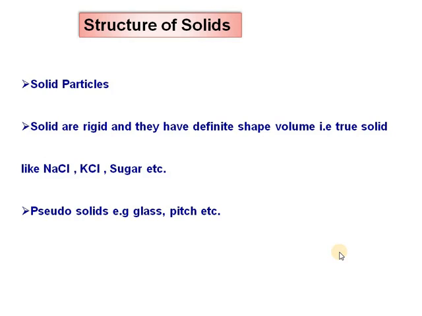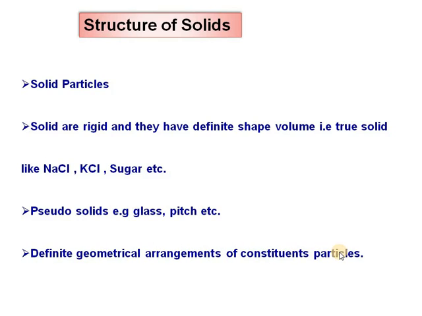But solids which lose their shape on long standing and are readily distorted by mild distortion are called pseudo solids. For example, glass, pitch, etc. Also, solids like sodium chloride and sugar are rigid, incompressible, and possess a definite geometrical shape.